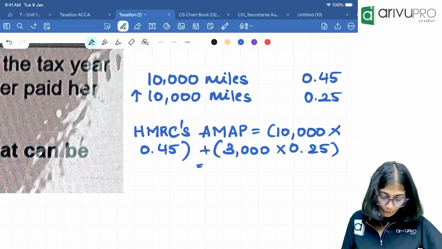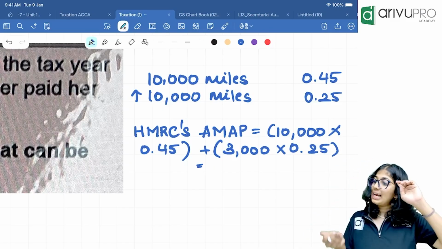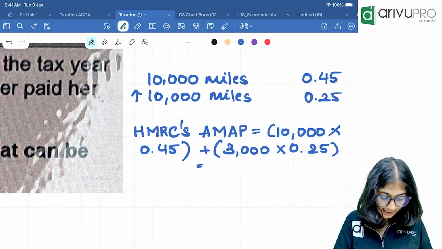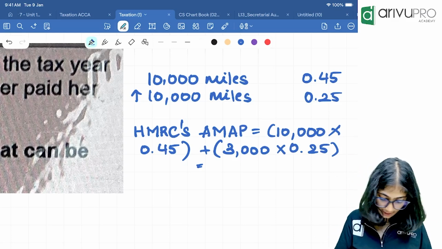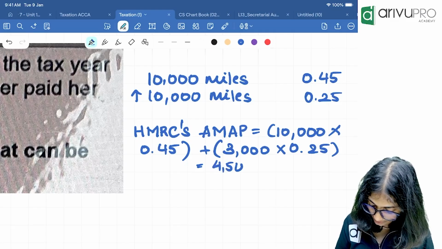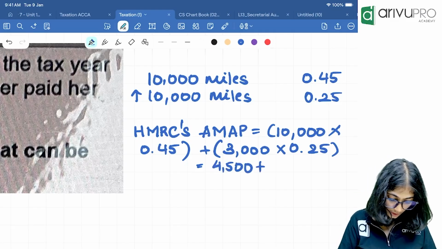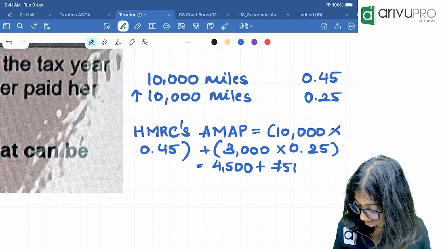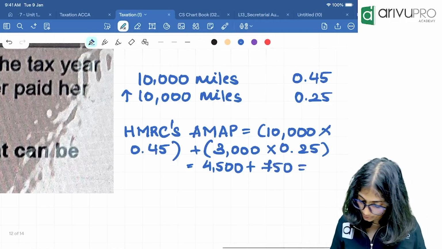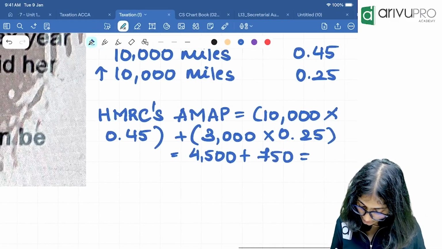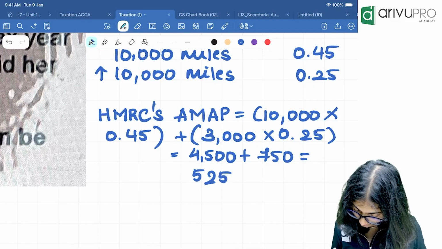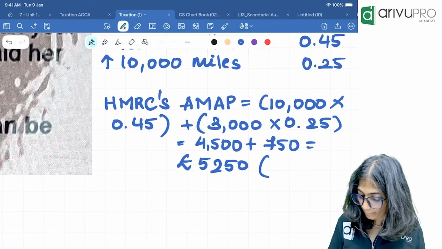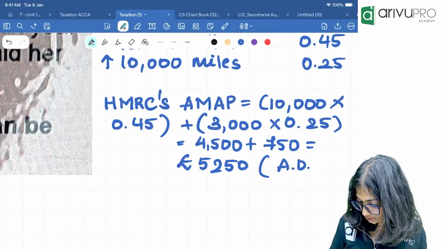Now let's see what is the mileage allowance as per HMRC. What is considered an allowable deduction? 10,000 into 0.45 is going to be 4,500. 3,000 into 0.25 is going to be 750. So that's going to be 5,250. 5,250 is going to be an allowable deduction.